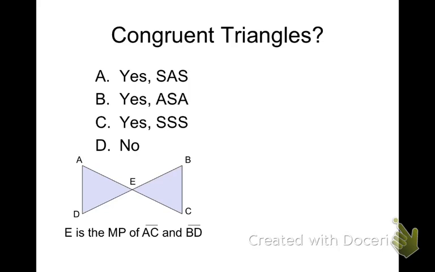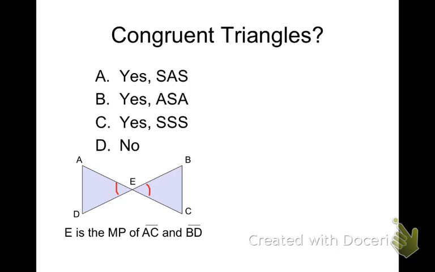Okay, is this enough information in the diagram to prove the triangles are congruent? Just by the orientation of these two triangles, in situations like this we've got vertical angles, which are always going to be congruent, so that's a good place to start. Now E is the midpoint of AC and BD.